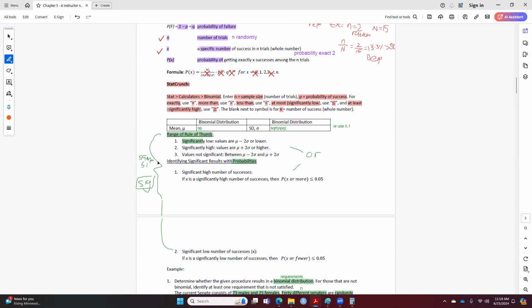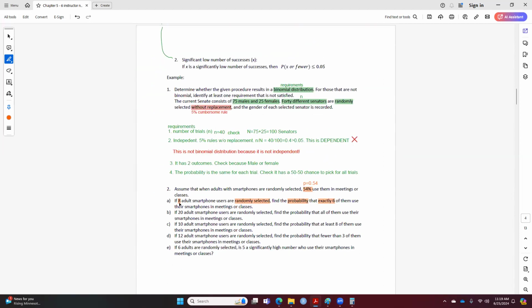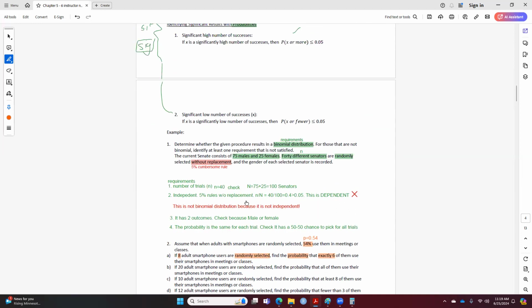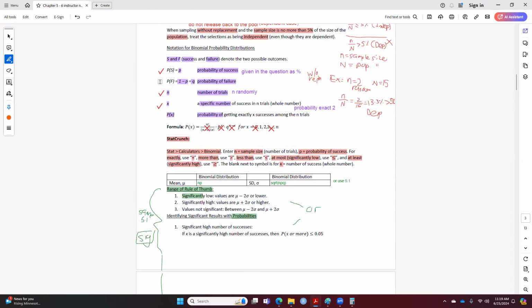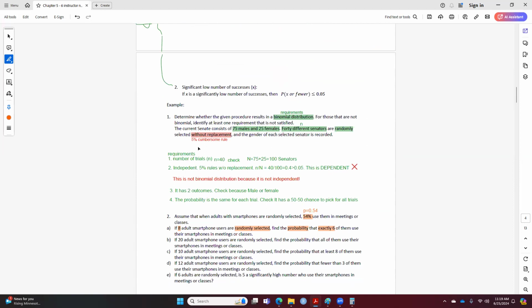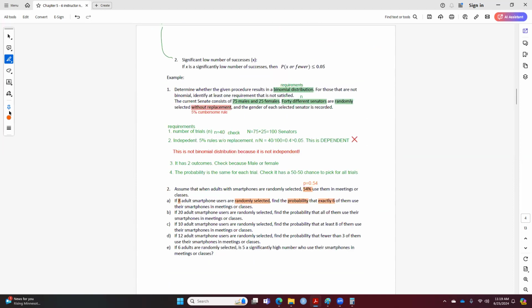And what's the keyword I'm always telling you? This 8 has the keyword of what? Randomly selected. That means that is your letter N. That's your N. Yes, that's why I need to teach you guys how to do this so you guys will not get it wrong here. So that means that this is your N.